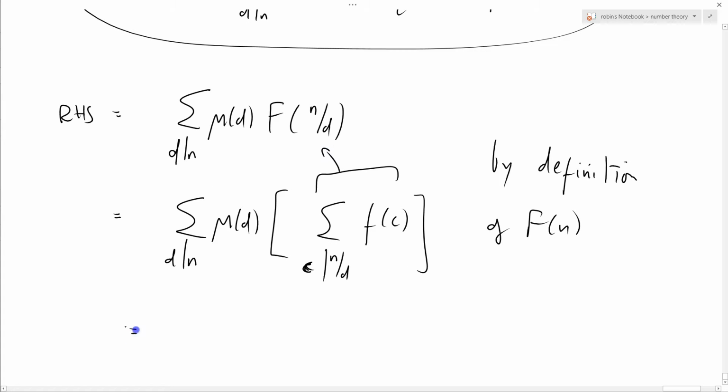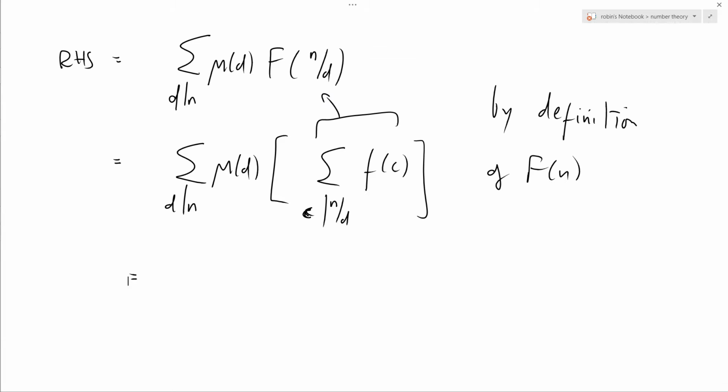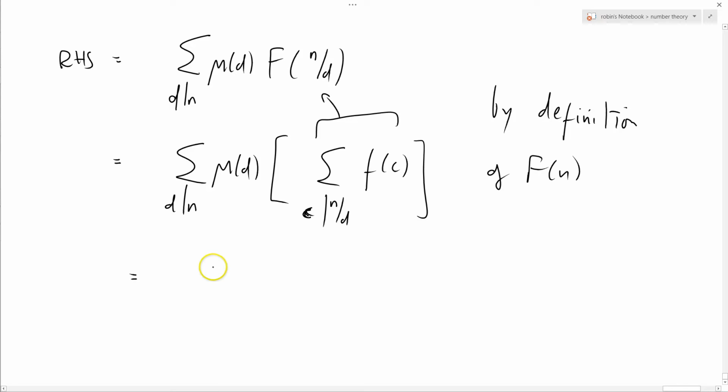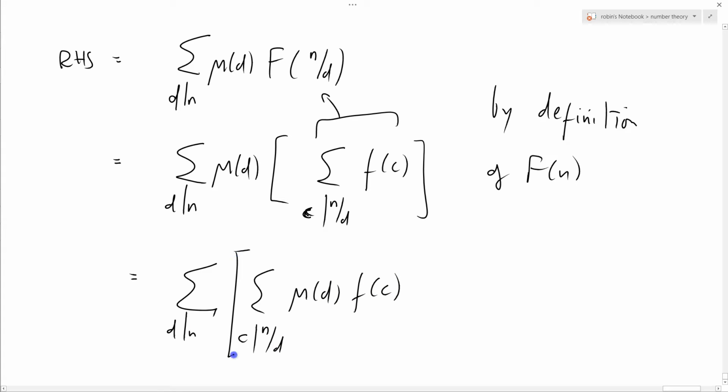Okay. So what I'm going to do now is observe that this summation here can commute with mu of d. So it's sigma d divides n, sigma c divides n over d, mu of d, f of c. There we go.